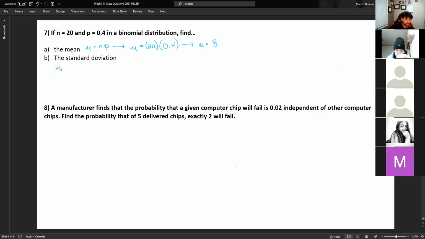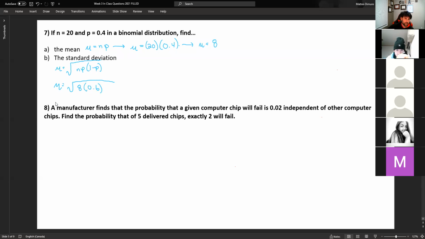And then the standard deviation, I left a bit more room. So just grabbing that formula from the formula sheet, square root of n times p times 1 minus p. So, you know, show your work. Draw very crooked lines, but n times p, we have it up here. That's 8. So you can write 8. And then 1 minus p is 0.6.